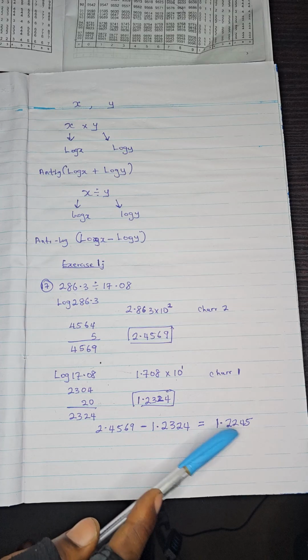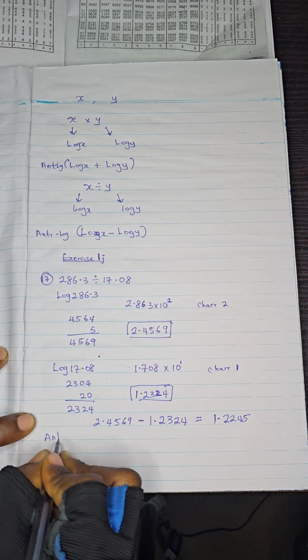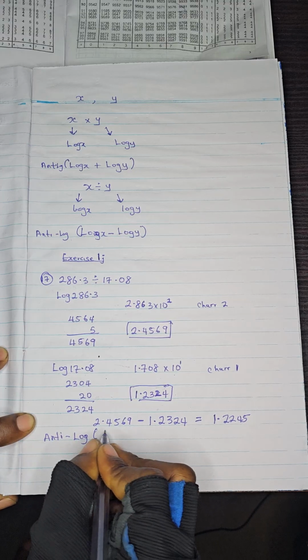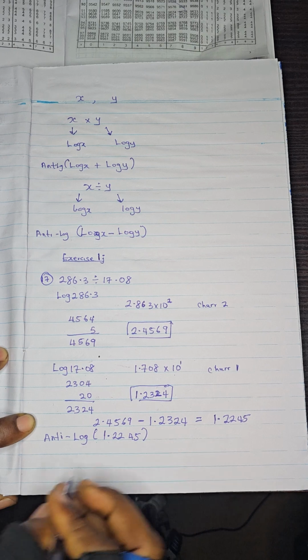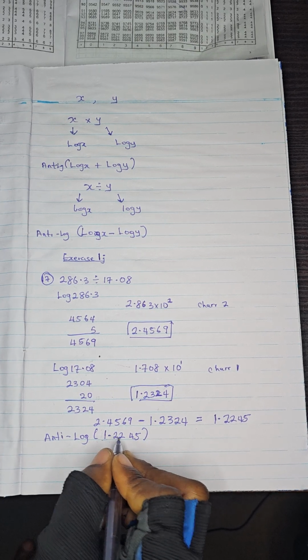So now let's look for the antilogarithm of this. Antilog of 1.2245. The characteristic is 1, so we don't deal with it, we just deal with the dot 2245.